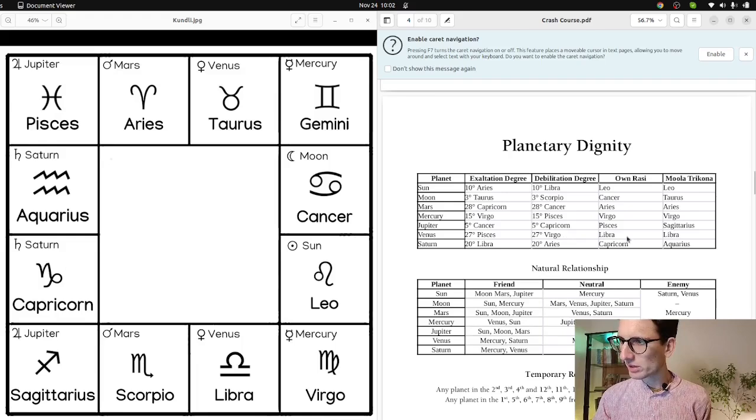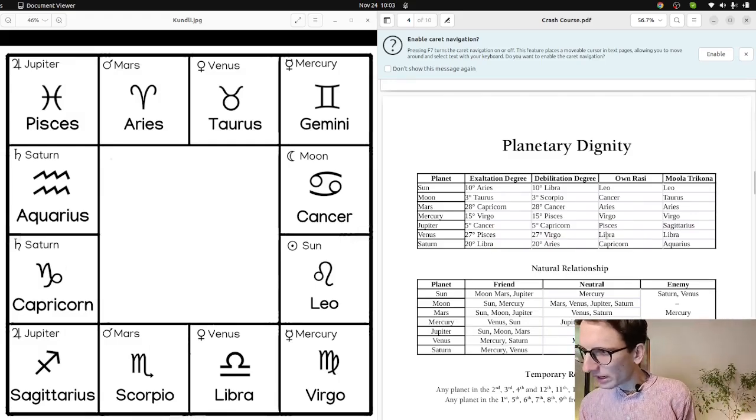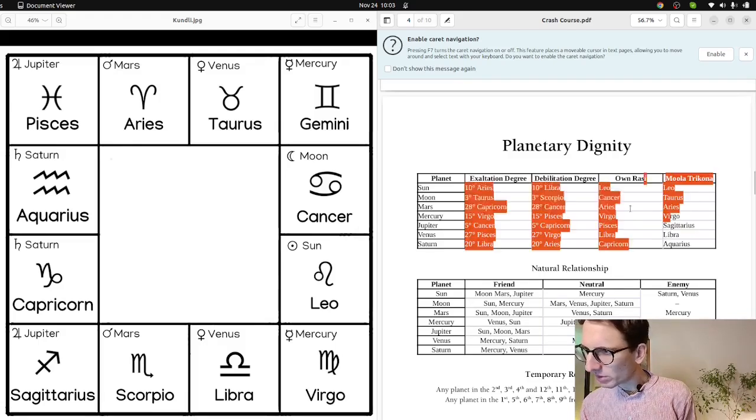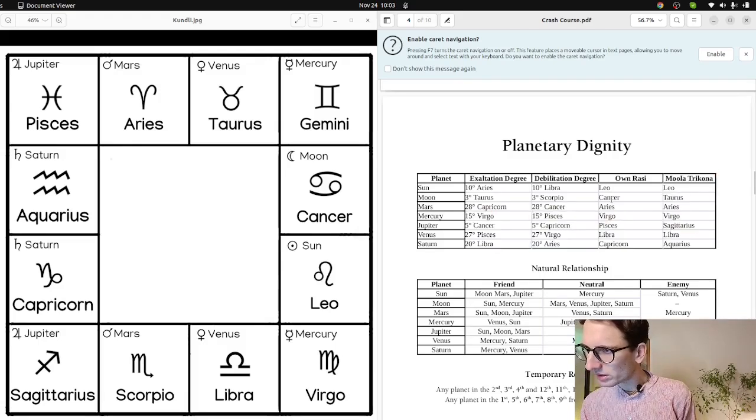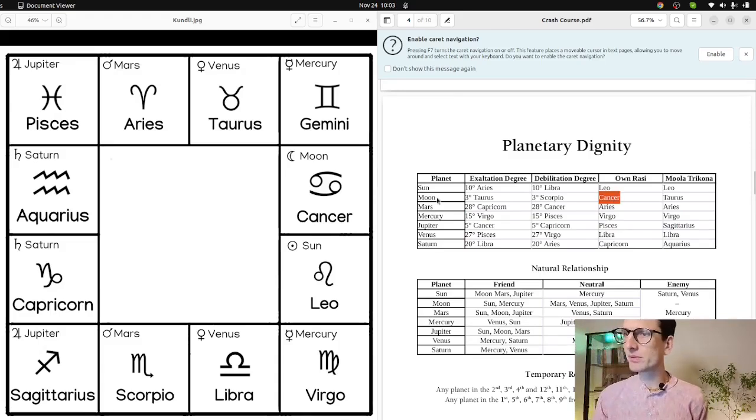Where is Venus? Here. Libra and Libra. Anyway, I will fix this again. Then Mars, Aries and Scorpio. Jupiter, Pisces and Sagittarius, and Saturn, Aquarius and Capricorn. All right. Yeah, I have to fix the Venus and the Mercury and Moon. Moon exaltation is also in Taurus.